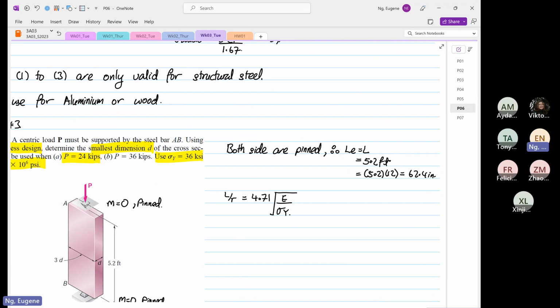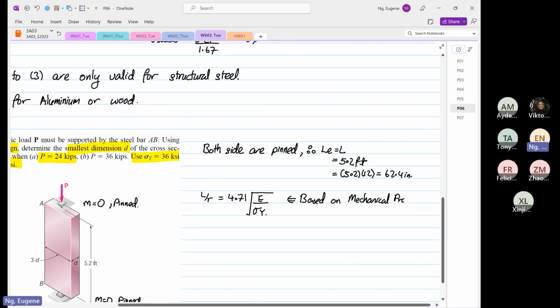What you realize about this L over R is that this equation is based on mechanical properties. We have not looked at second moment of area yet.